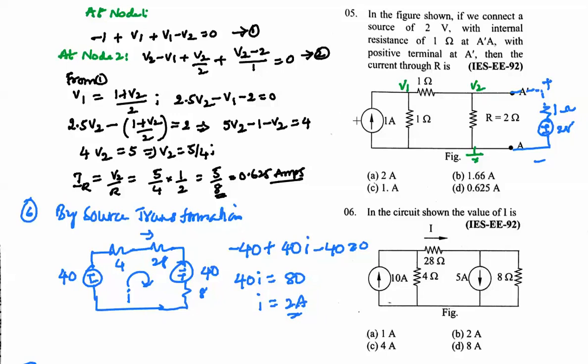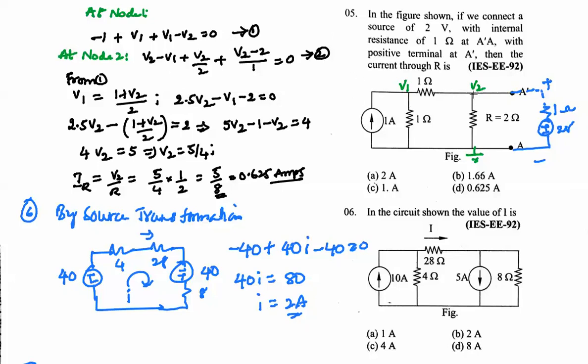Here, using nodal analysis, I am going to solve the equations. As we know, the current entering the node is indicated with a negative sign. So minus 1 amp plus V1 by 1 plus V1 minus V2 divided by 1 is equal to 0. This is the first node equation.